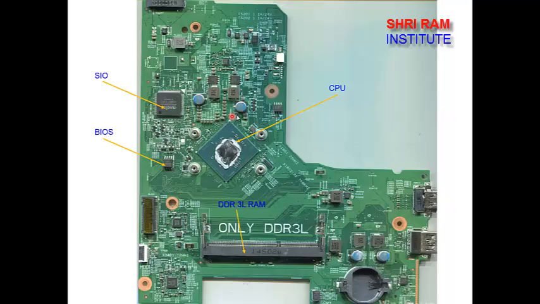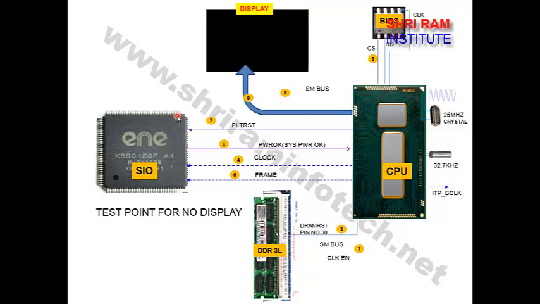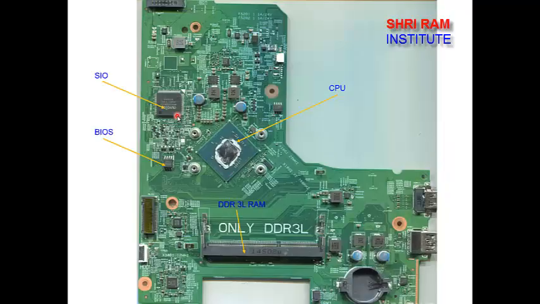All coils should give different voltages, right? And if all the voltages are okay, then the SIO generates one signal. That signal is called the EC power okay, or the system power okay. We'll see in this animation. When all the coils give the proper voltages, except this coil, because this coil is connected to the battery, so no need to check this voltage.